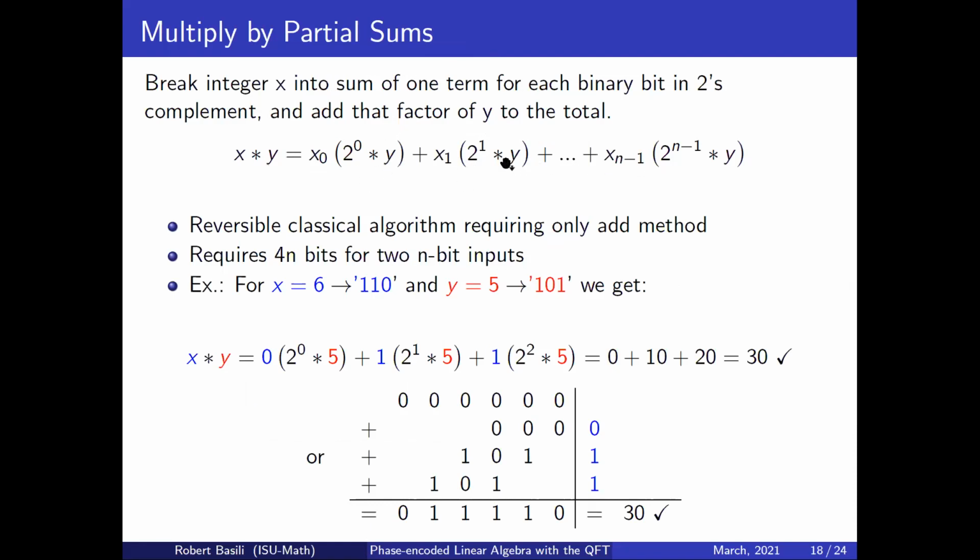And each time I add that factor of 2 to the total. The part of why we like this is because this is an approach to multiply that relies purely on addition. And for reversible computing, it does require 4n bits for 2 n-bit numbers. But that is still linear in n.